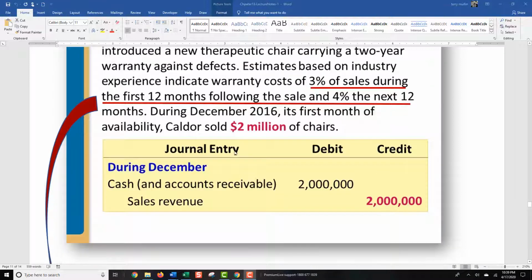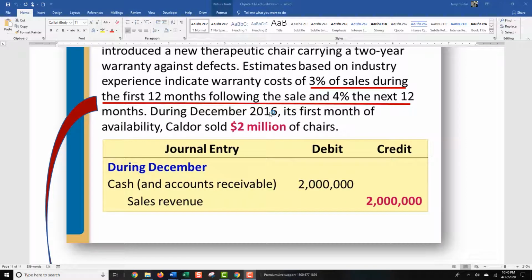So they make a calculation, estimates based on industry experience indicate warranty costs of 3% of sales during the first 12 months and 4% the next 12 months.